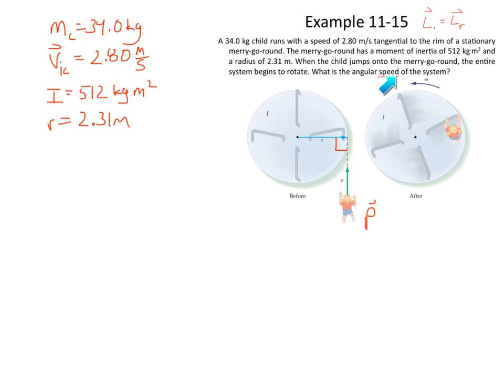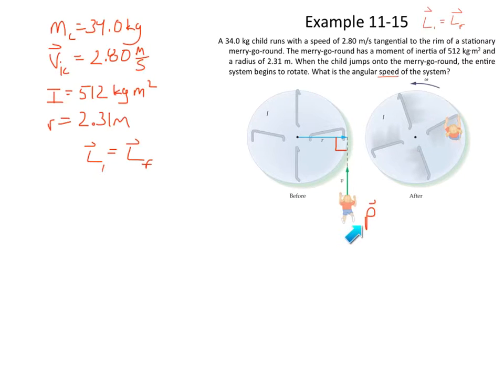Well, our assumption, once again, is that angular momentum initial equals angular momentum final. Sorry, I'm seeing that L and wanting to say linear. Of course, P right here is our linear momentum, and we kind of have a description for that.